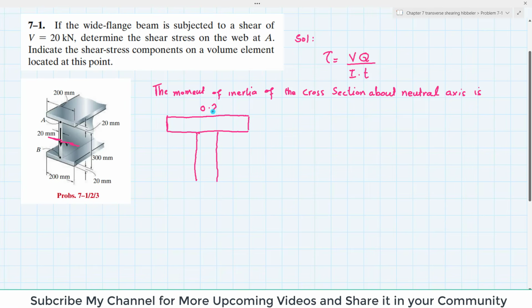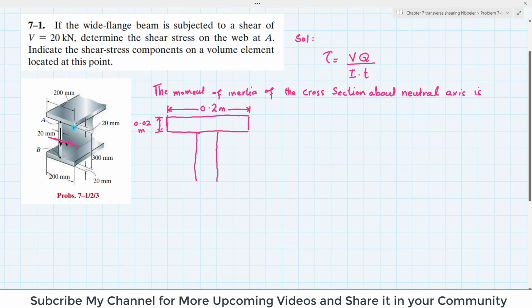So this is 0.2 meter from this side to this side. The thickness of the flange is 20 millimeter, so in terms of meter it is equal to 0.02 meter, clear.